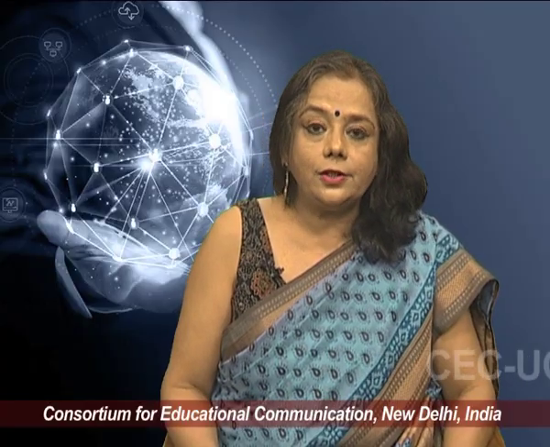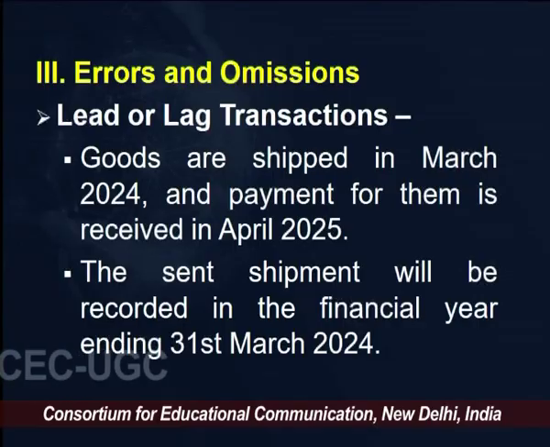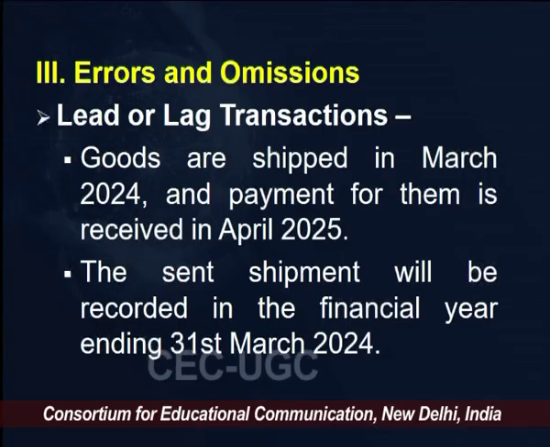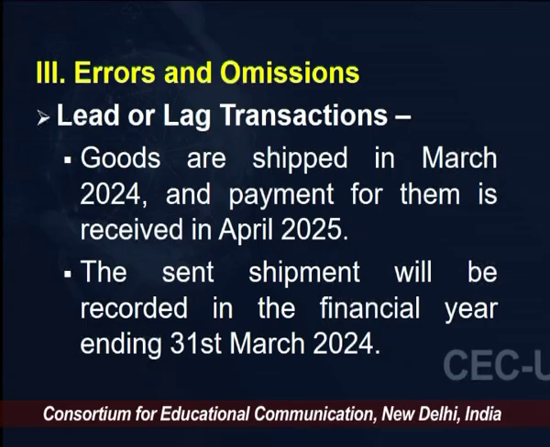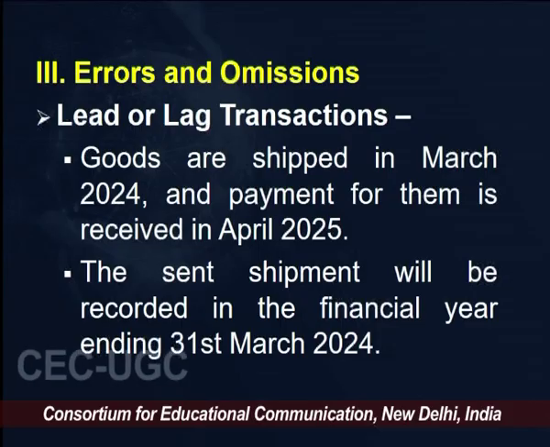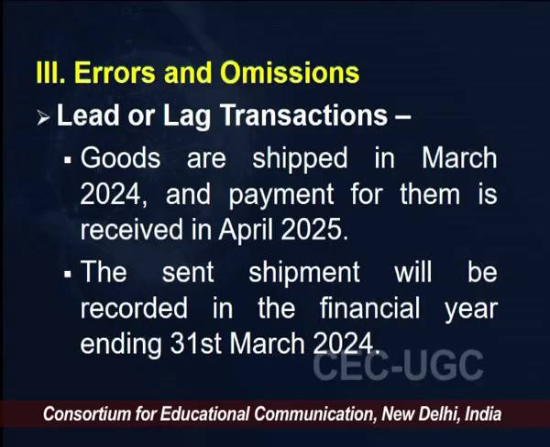So, suppose goods are shipped in March 2024 and payment for them is received in April 2025. You can see there are two different financial years we are talking about. One is 23-24, when the goods are shipped, and another is 24-25, when the payment has been received.